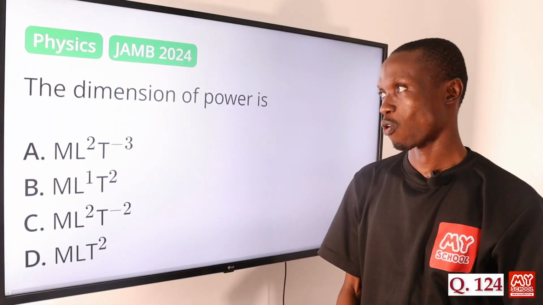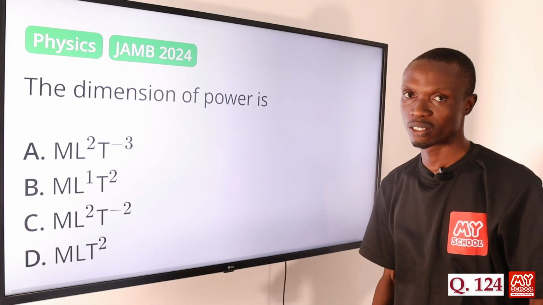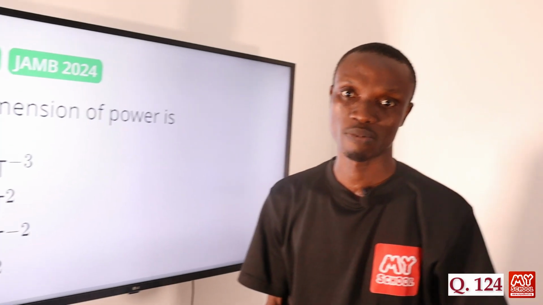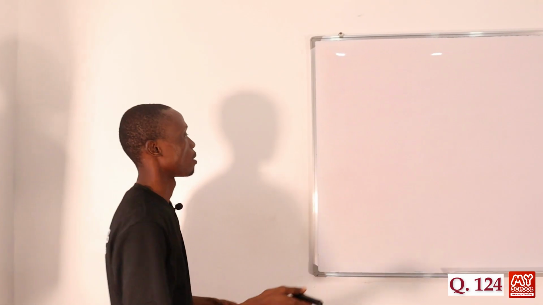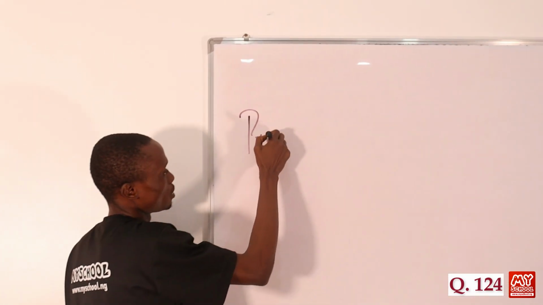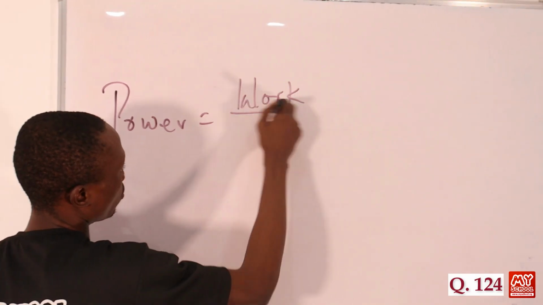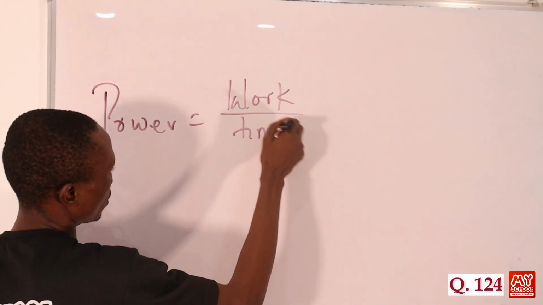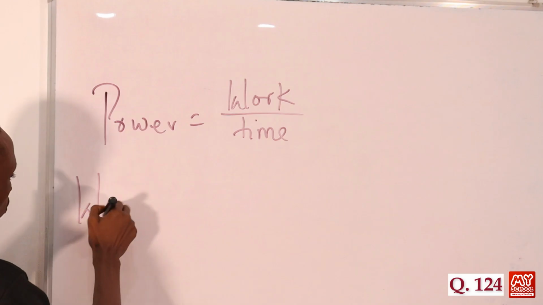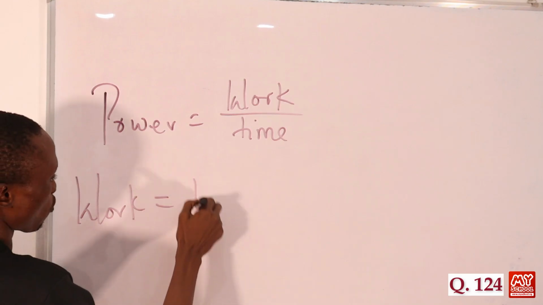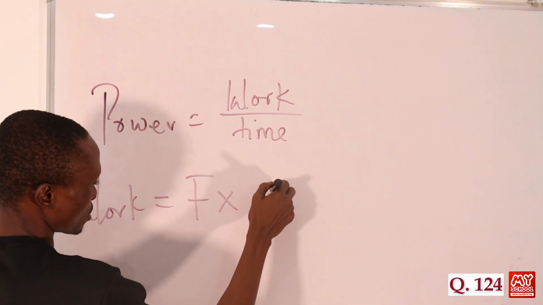Question 124. The dimension of power is, so let's move over to the board to derive the dimension of power. Remember that power is equal to work all over time. But remember that work is equal to force times distance, right?